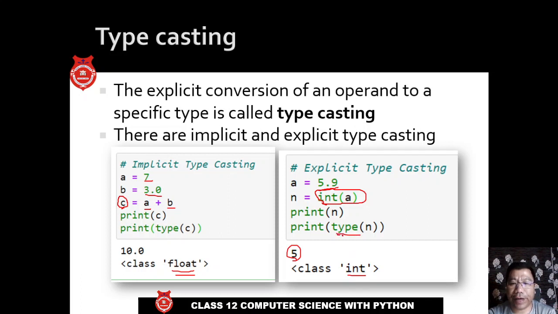We printed the type using the type function. This is known as typecasting. We have implicit and we have explicit. When we say implicit, it is done automatically by the computer, but when we say explicit, it is specified by the programmer. I hope it's clear.